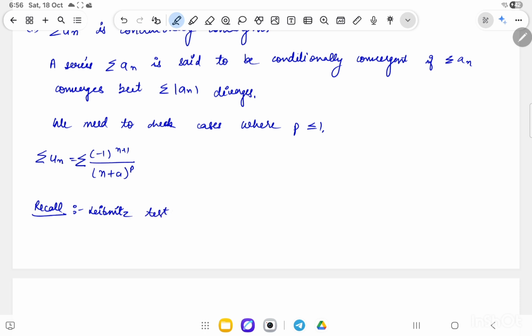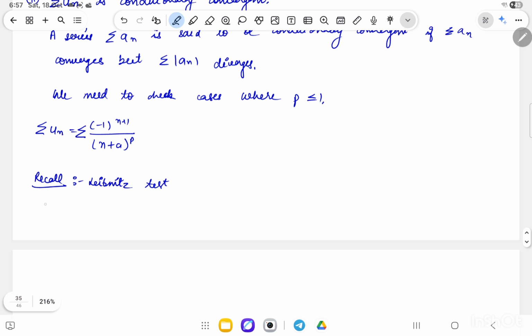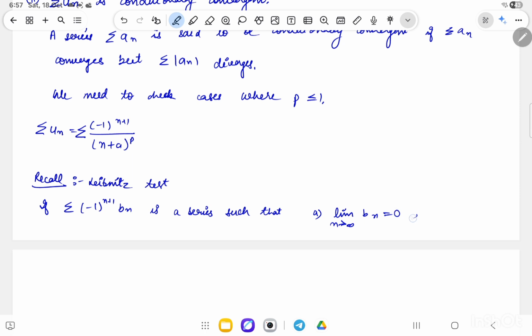The Leibniz test is a special test for alternating series, and this test says that if summation (-1) raised to n plus 1 bn is a series such that the first condition is limit n approaches infinity of bn equals 0, and the second condition is that bn is a decreasing sequence.